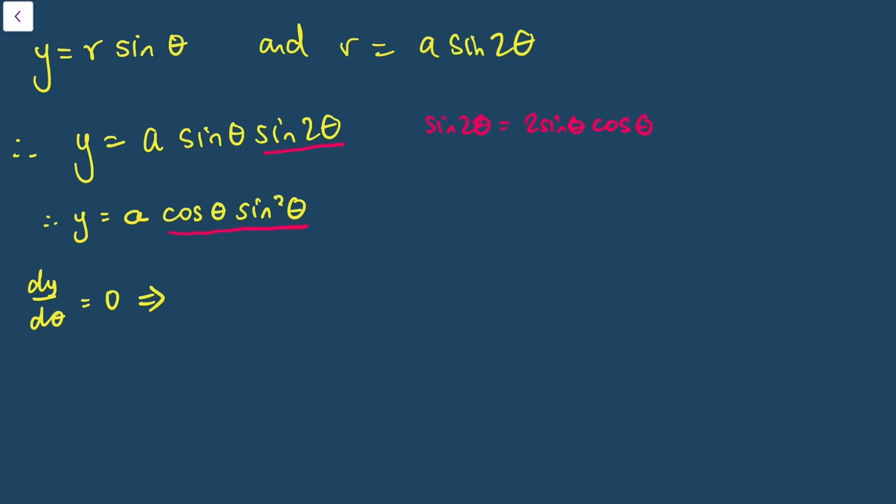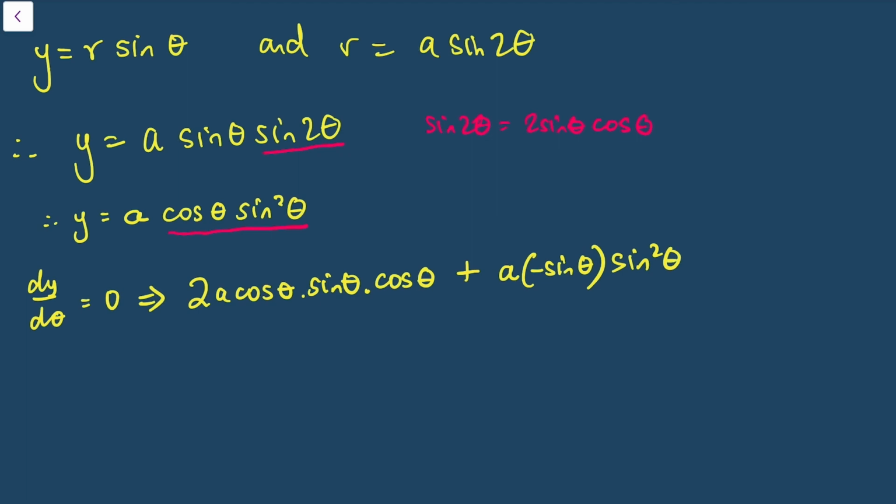So sine squared theta becomes 2, and then I'm going to have 2 times a cos theta times sine theta times the derivative of sine theta, which is cos theta. And then I'm going to have the derivative of the first one, which is a times minus sine theta times the second one, which is sine squared theta.